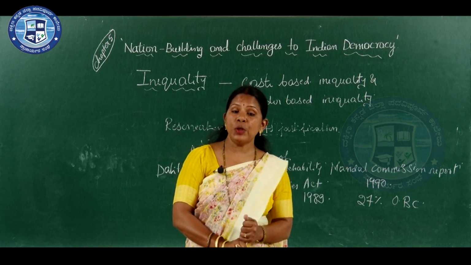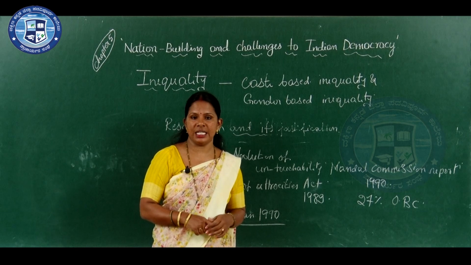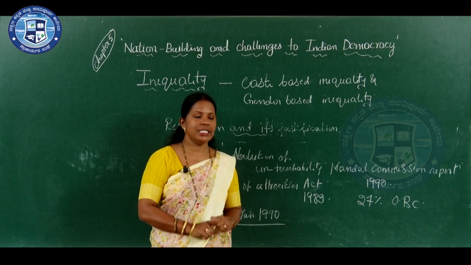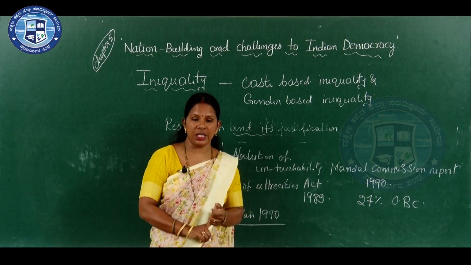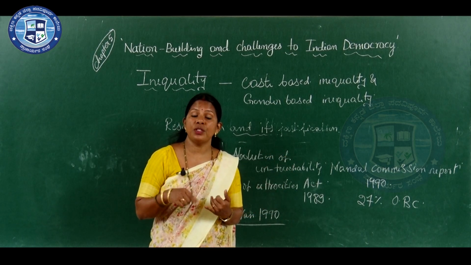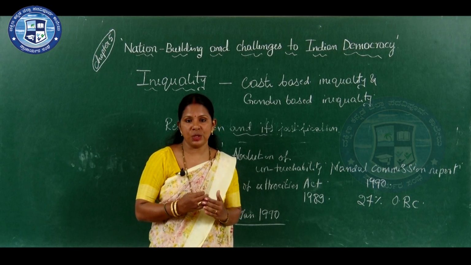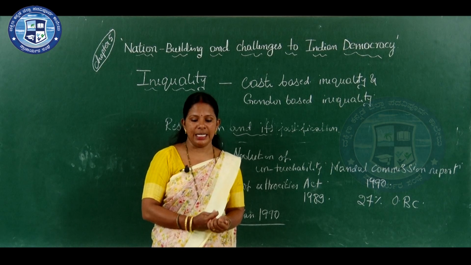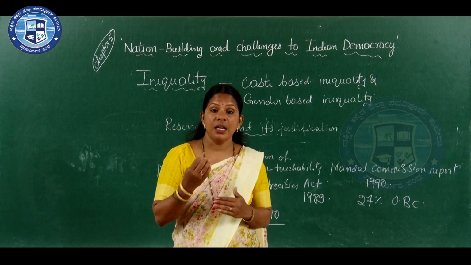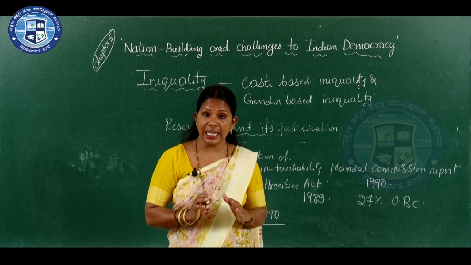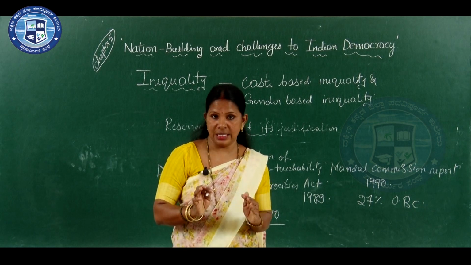See, not only this, for the protection of the disadvantaged classes, the National Commission for Scheduled Castes, the National Commission for Scheduled Tribes, and the National Commission for Other Backward Classes were also established in India. So, by this, the government of India tried to establish an egalitarian society and tried to solve the problem of caste system.